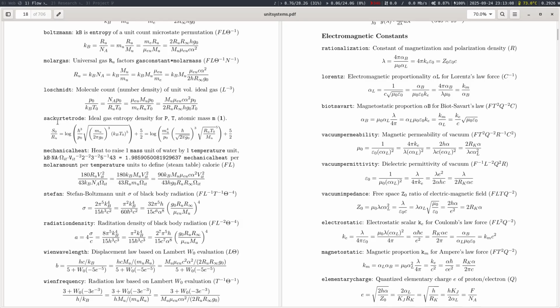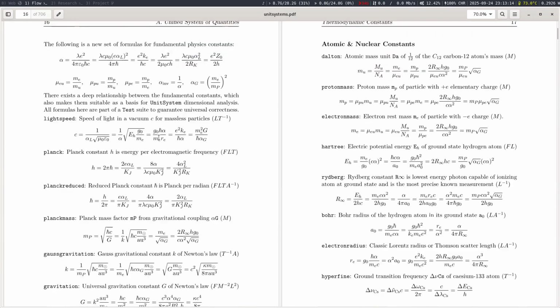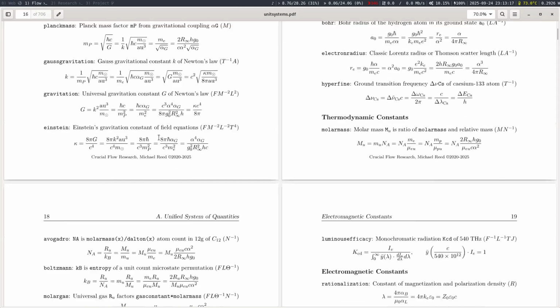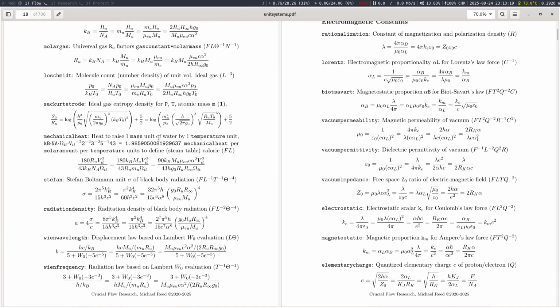The Sackur-Tetrode thing was very tough and difficult as well. A lot of these things had so much difficulty in unifying all the unit systems. And how can you express all of these things in a unified way so that it all multiplies out correctly?